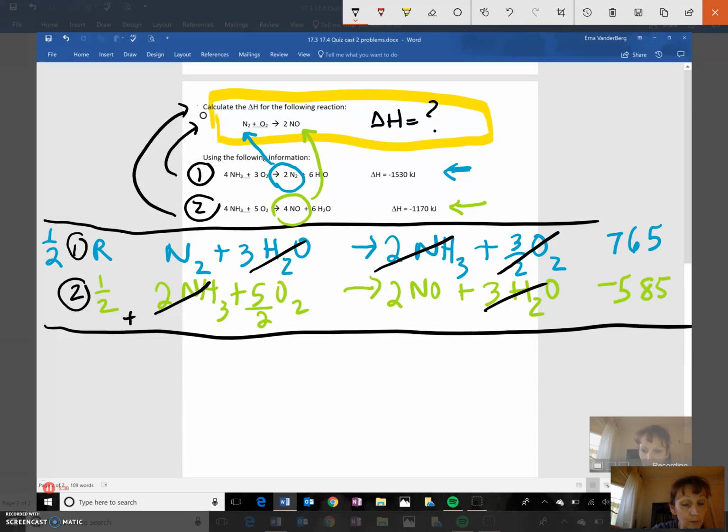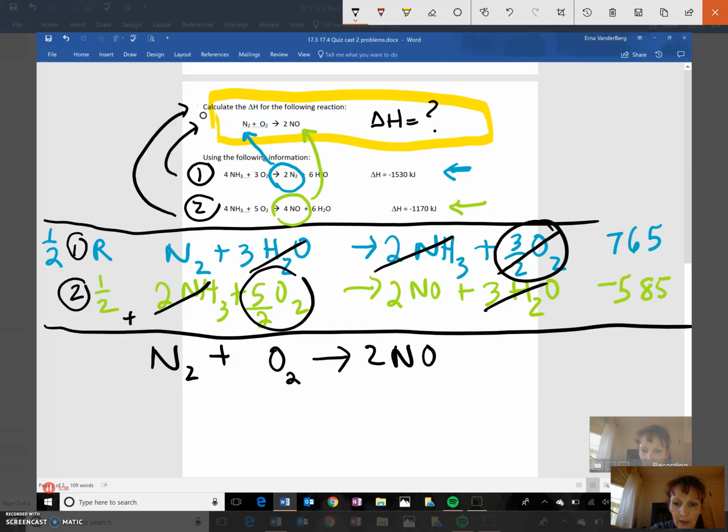Very conveniently, it is 2/2 or 1 whole O2. That was a little bit tough. I'll circle it in case you need to review it. And we end up with N2 plus O2 yielding 2NO. How great is that? That looks exactly like what we're trying to solve.